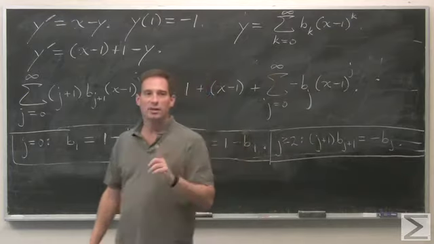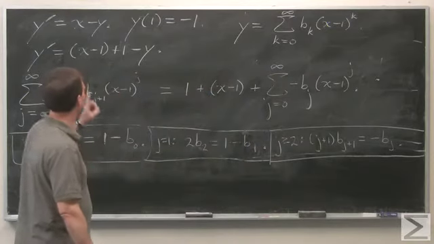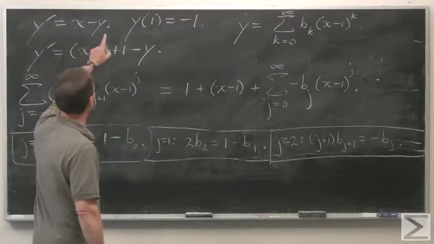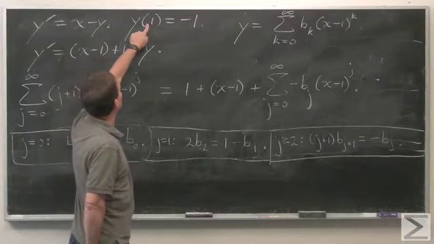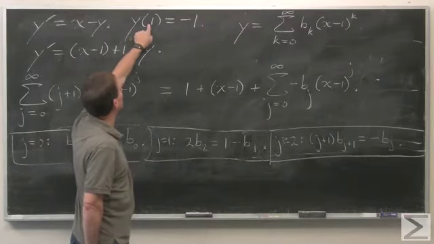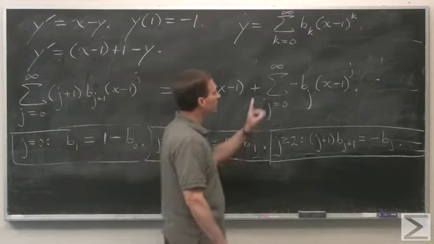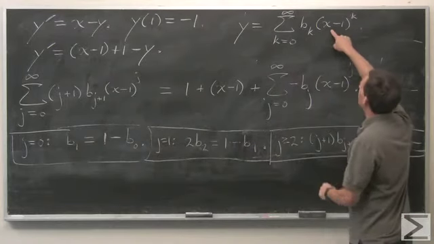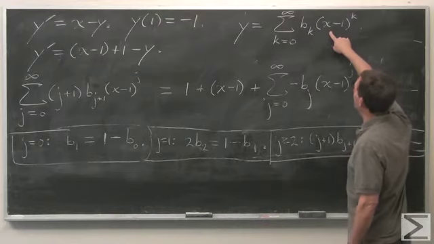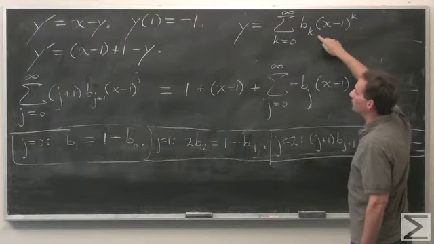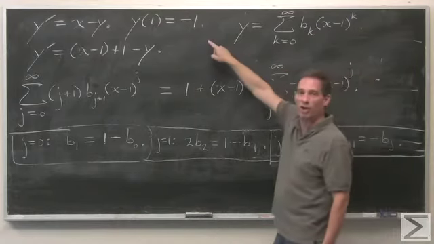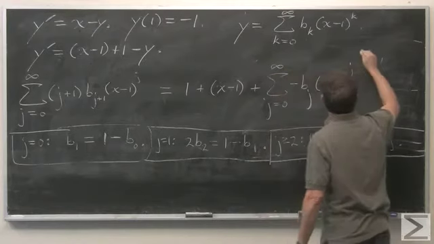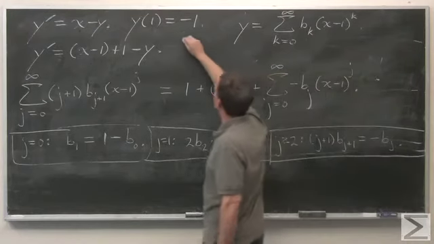We never plugged in our initial data, and we should have, or it's not bad to do it at this point, but we have when x is 1, y is minus 1. That again gives you the constant term immediately, because what you get when you plug the center in is just the constant term. So this tells us that b naught is minus 1.